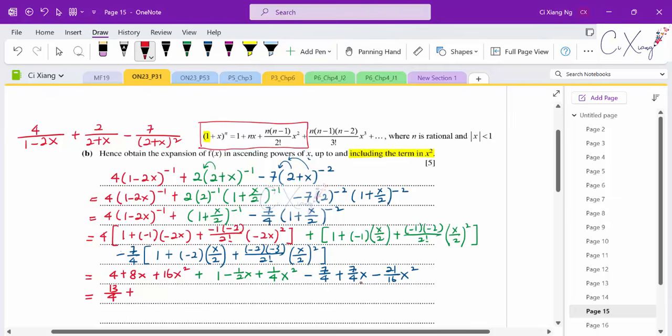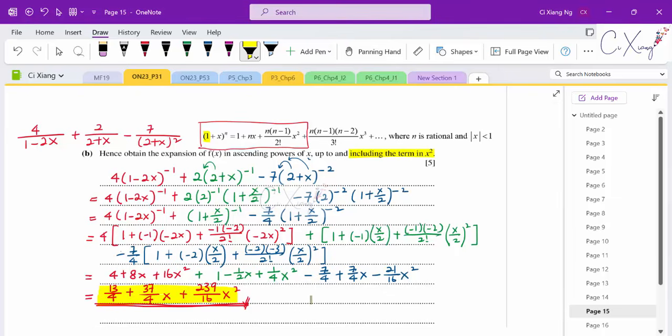If you didn't make any careless mistake, by right you have 37 over 4. And for the last term, the x squared term, you should have 239 over 16 x squared. Okay, so if you expand it very carefully, by right, this is the first 3 terms up to x squared for your expansion for the function.